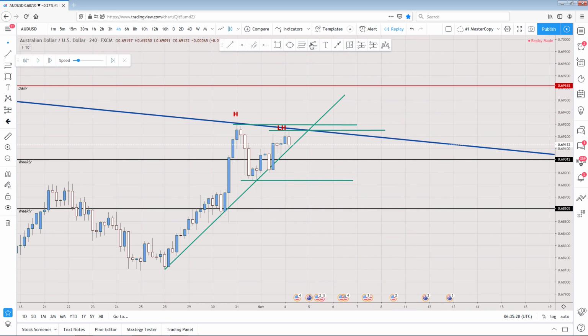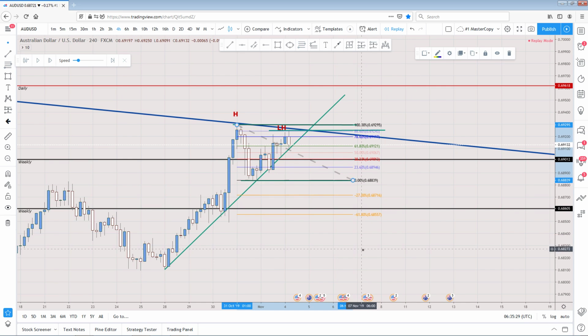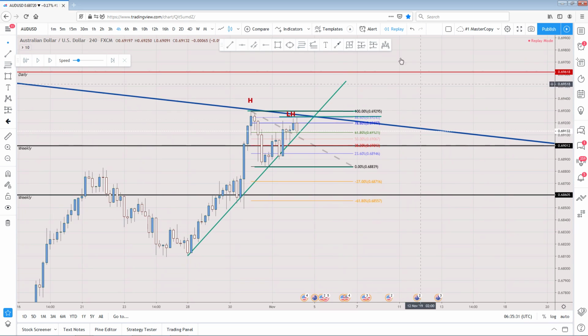Let's pull out Fibs. Let's see what Fibs is showing us. So let's go from wick to wick this time. So what else we're seeing here is we came up to my sweet spot area, anywhere in between here.